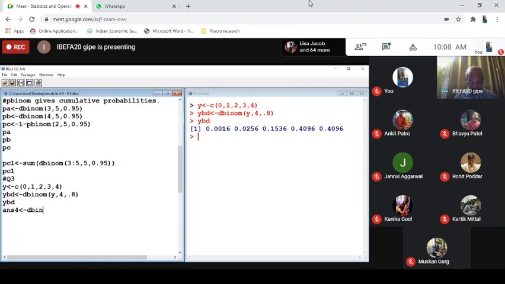P binom 4, 4, 0.8. You can verify. Suppose I take 10 students instead of 4.